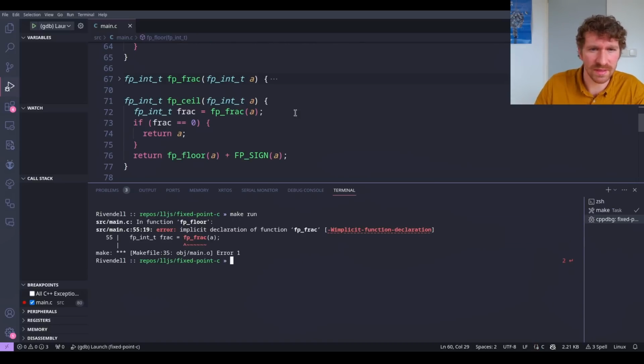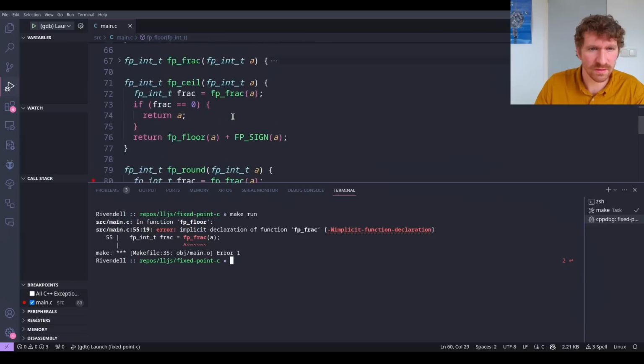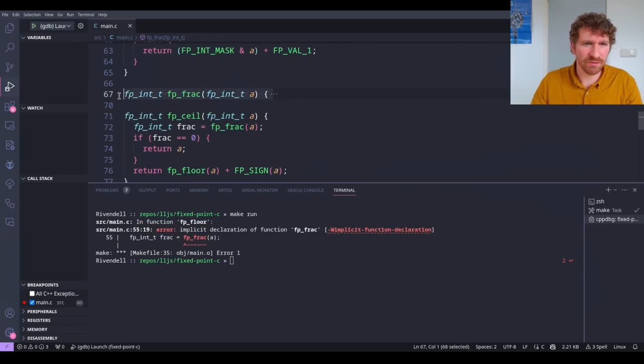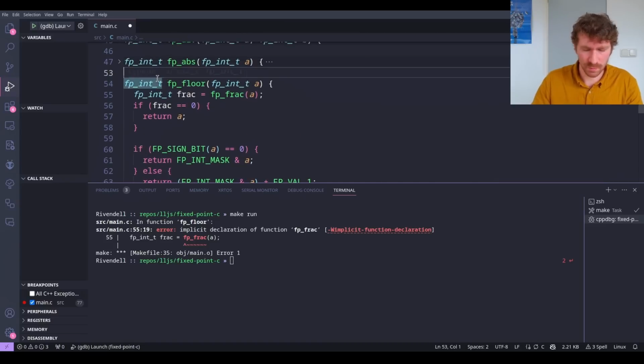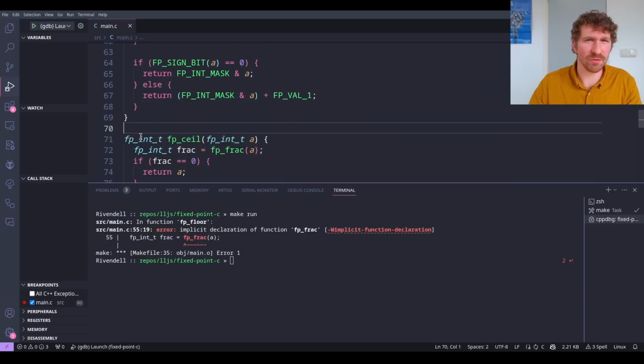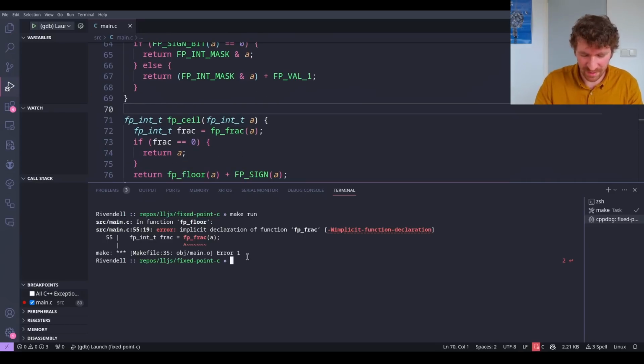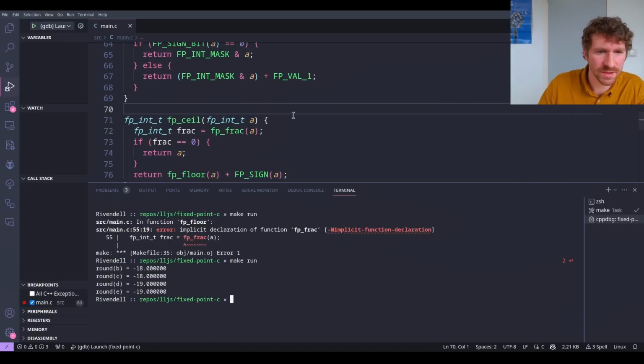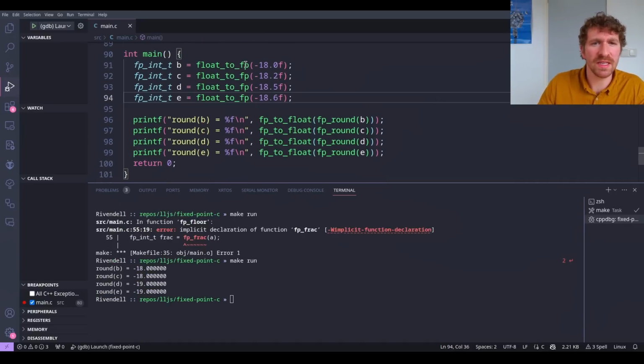Make run, and somewhere I've missed something. Implicit declaration of fp frac. Oh yeah, fp frac is defined after, so let's just put it above. In reality, all of these things would be library functions, so they wouldn't really matter that much. But okay, so what do we get? In the case of negative 18, we get negative 18.